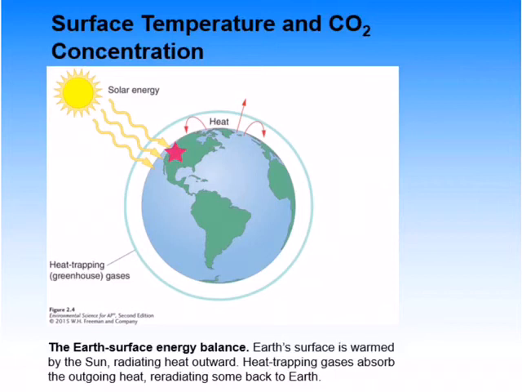Now, some of it is absorbed by the oceans and the earth, but another part of it is reflected back up into the atmosphere. So the greenhouse gases are, it's almost like a piece of glass in a greenhouse.